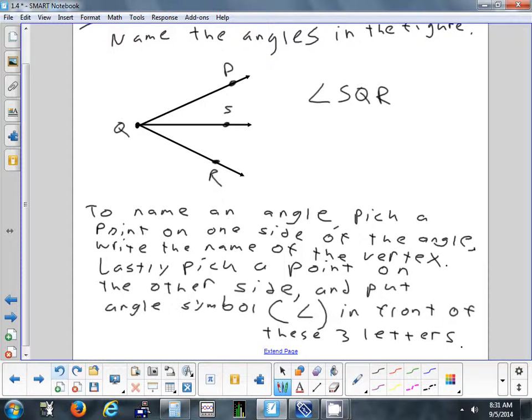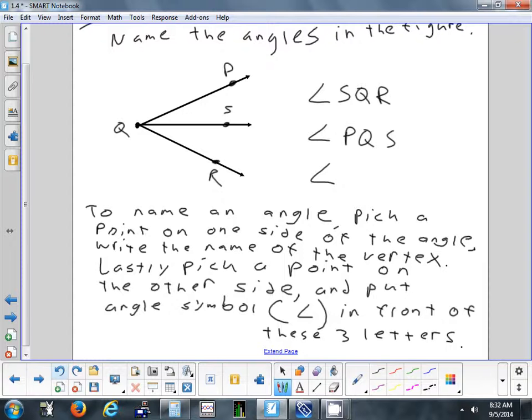SQR is this angle that's in the bottom half. Okay. What else? RQS is a repeat, so don't use that one. It's just a different way to name the same angle. Yep. Kiara? PQS. Yep, PQS. That's the angle that's in the top half. And one more.